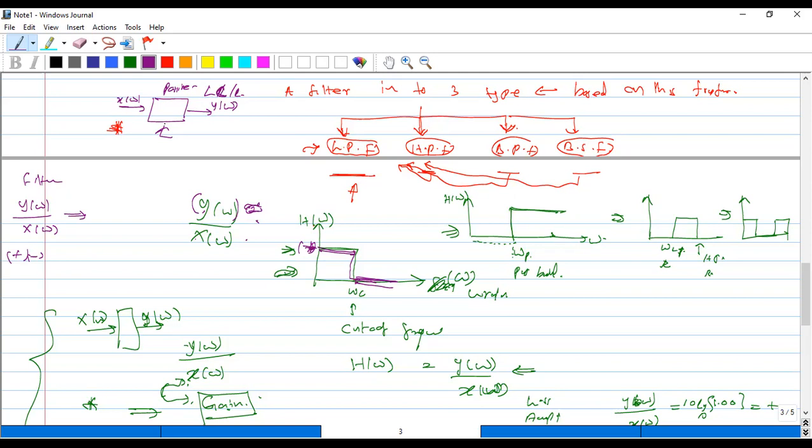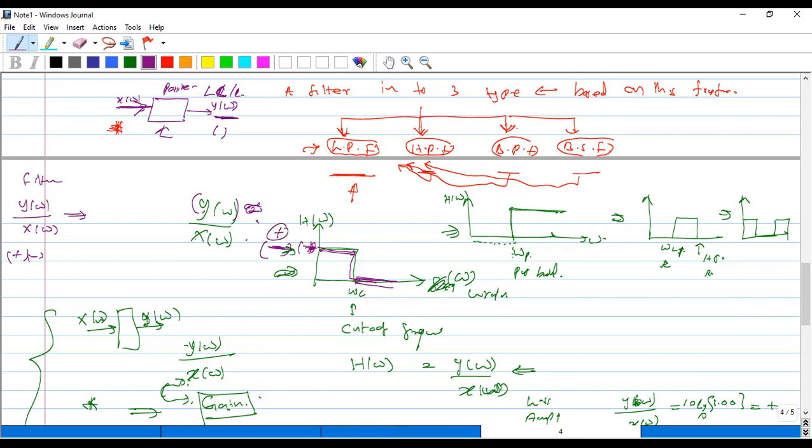So definitely the power value of the output is less than the power of the input. If you give high power as an input, the output will have low power. So the filter response is not a plus value, it will be a minus value.